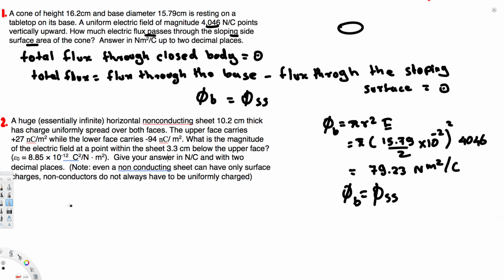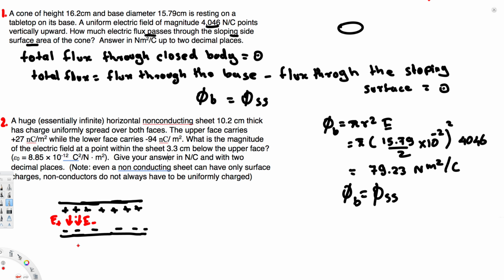Okay, let's go ahead and draw the diagram for this one. In the upper surface we have this charge, that is a positive charge, and in the lower surface we have a negative charge. We know that for a positive charge the electric field goes away from it, so let's call this one E plus, and for a negative charge the electric field goes towards it, so that's going to be E minus.